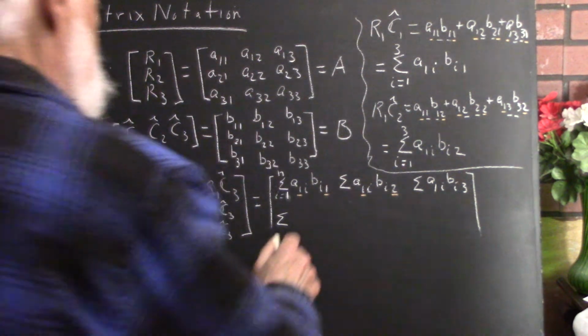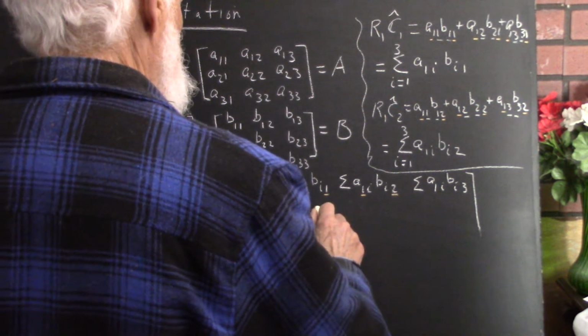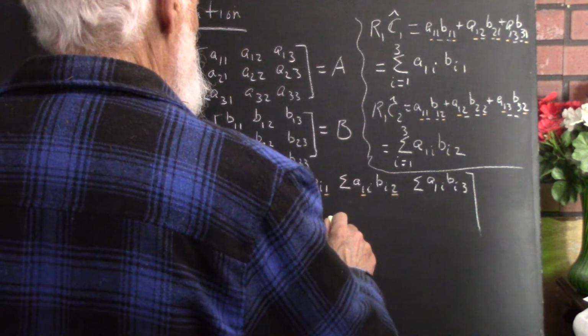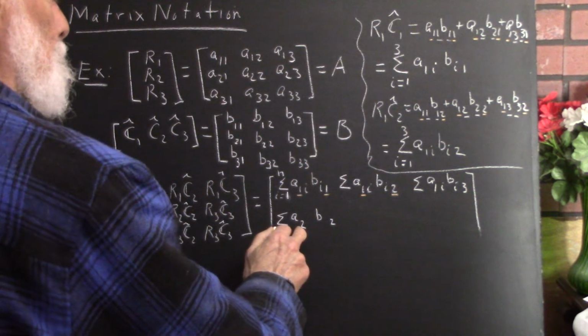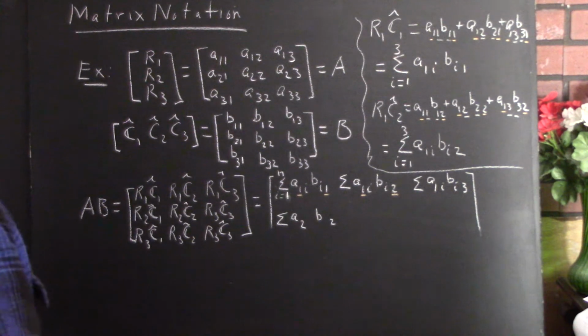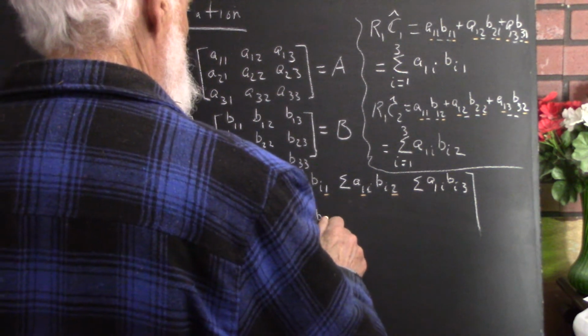So it's going to be A2, B2, where the 2 is the first subscript of A, the 2 is the second subscript of B, and as before, the I's go in the middle.